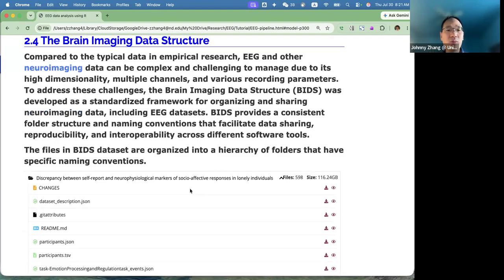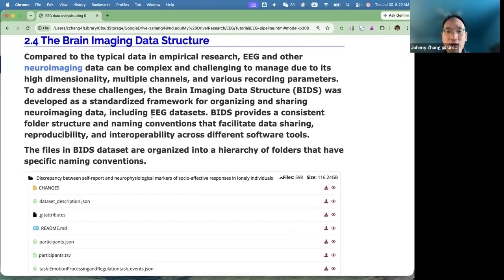Let's talk about the BIDS data structure. As I mentioned earlier, to help communication and help people understand the data collected through an EEG device or other neuroimaging devices, it is recommended to organize the data in certain ways.